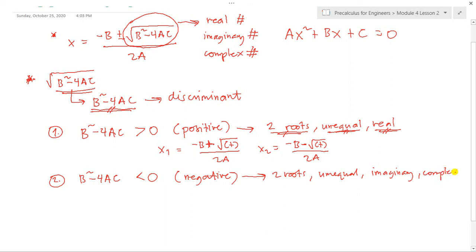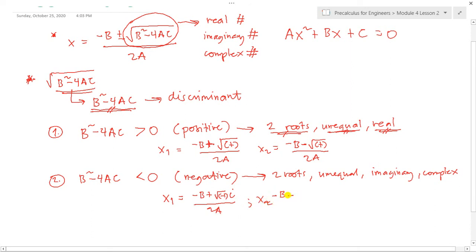So complex na siya, class, pag less than 0 yung ating sagot dito. So 2 roots, unequal, then imaginary or complex. Let's say for example, our first part here, x sub 1 is equals to negative b, yung isa is plus, then ito, meron itong something square root of a number, kasi negative to, or i, all over 2a, and then the second one is x sub 2, negative b, magiging minus na.